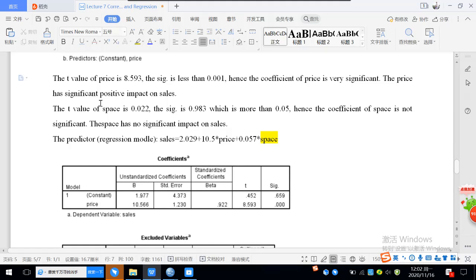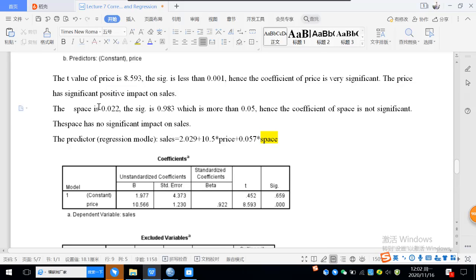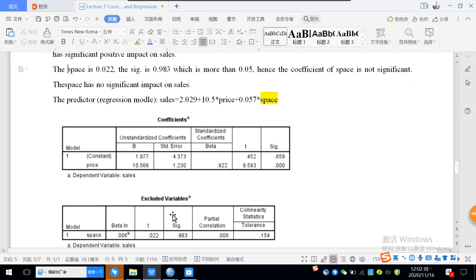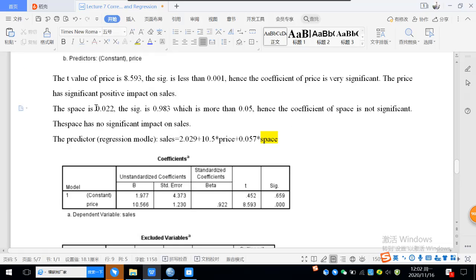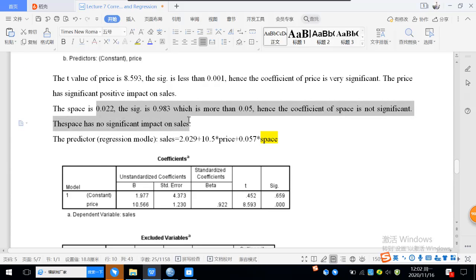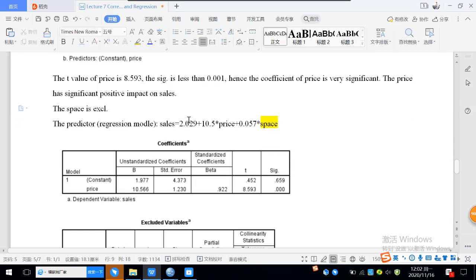The price has significant positive impact on sales. And the space, look here, the space is excluded in the model.